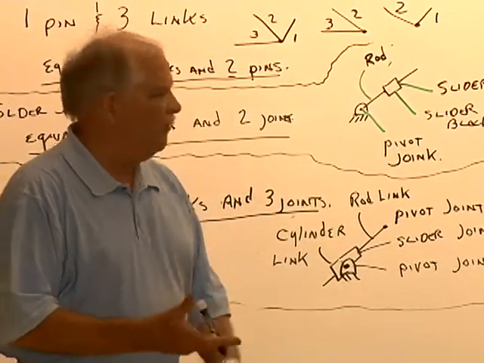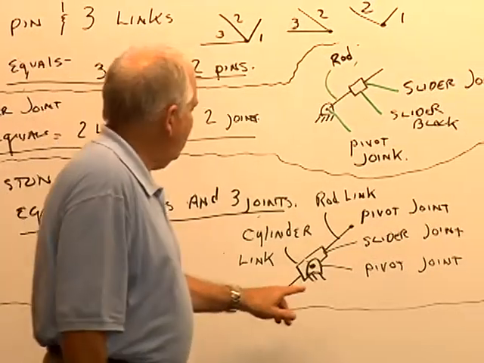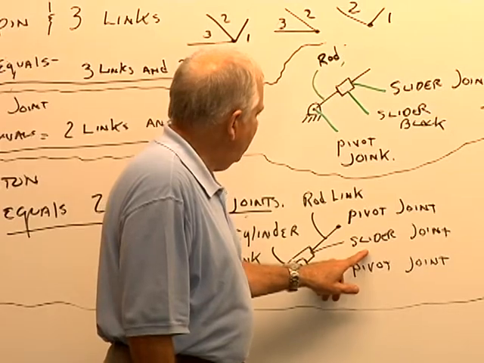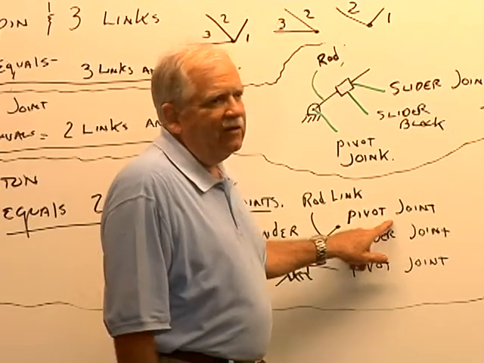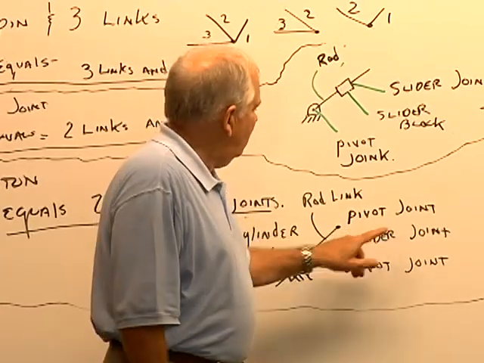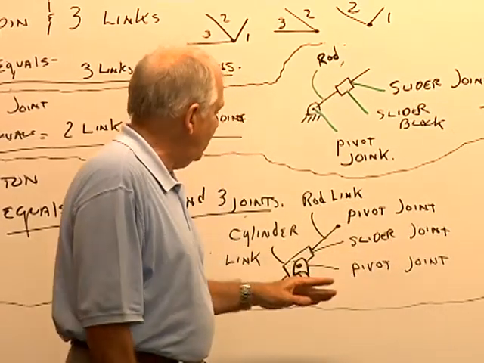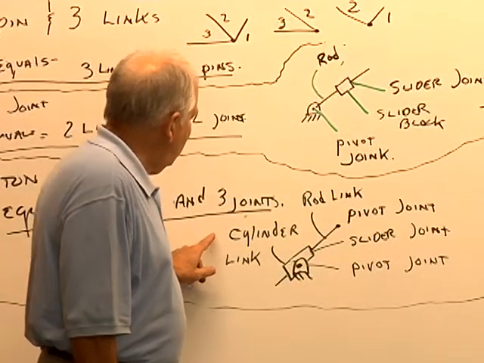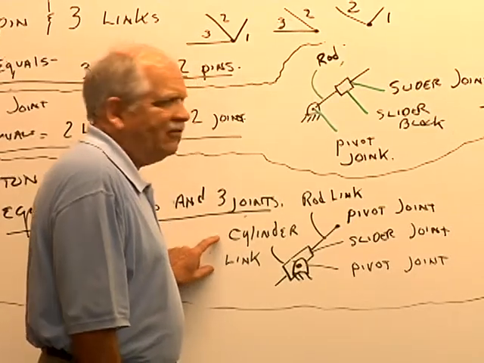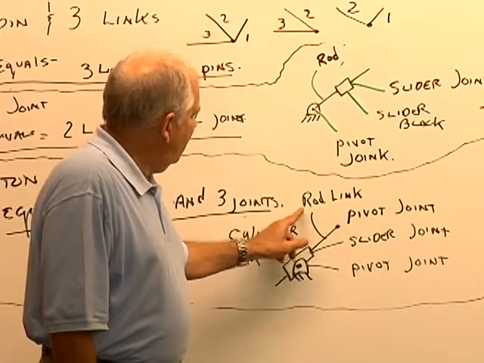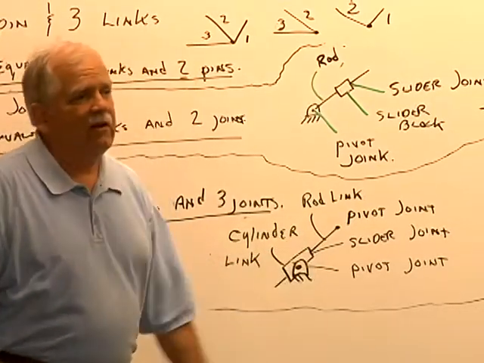Just to clarify for you, here are the joints. There's a pivot here, there's a slider here, and then there's another pivot on the other end. So these will connect together to other links in the mechanism. And then the links, excuse me, you have the cylinder link, which is this one here, and then you also have the rod link, which is that one right there.